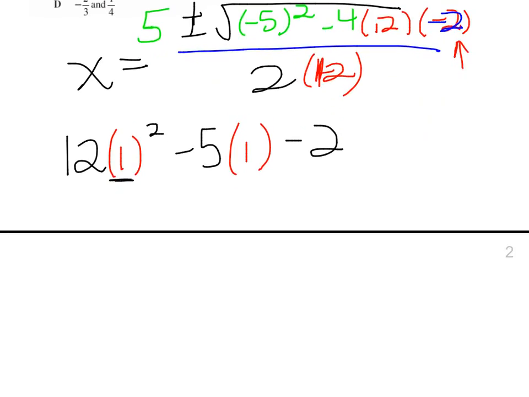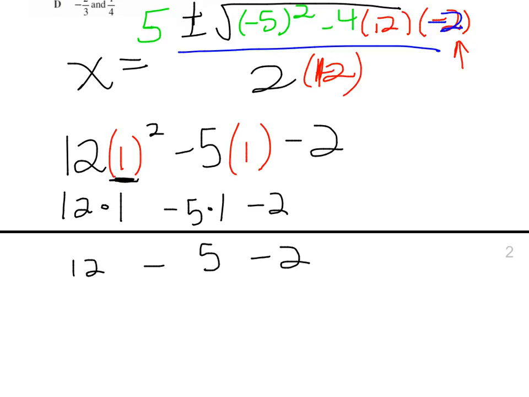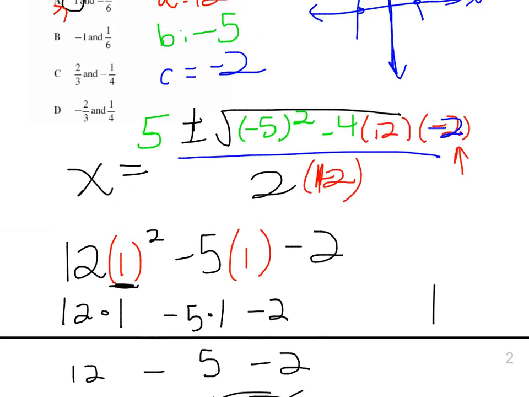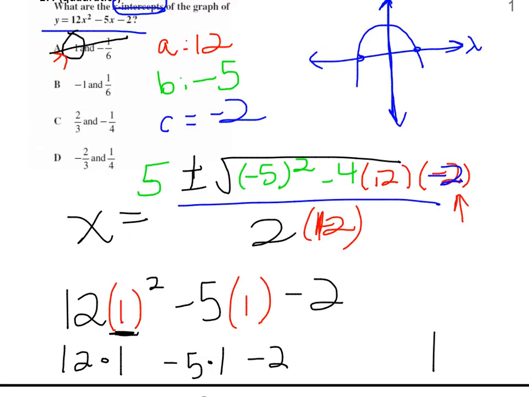Okay, order of operations says you have to deal with the squared first, so it's going to be 12 times 1 squared is 1, minus 5 times 1, minus 2. Now we have to do multiplication according to order of operations, so 12 minus 5 minus 2, and 12 minus 5 is 7, minus 2 is 5, so we know that this is not a 0. So we can eliminate A right off the bat.